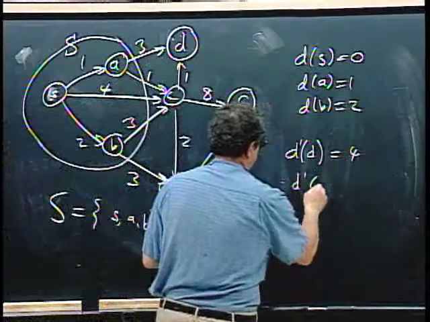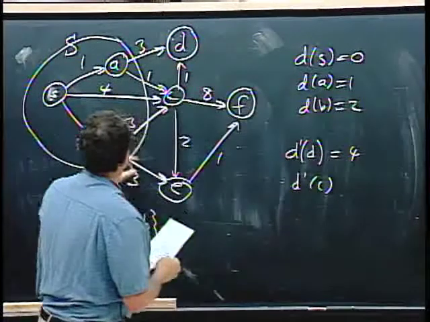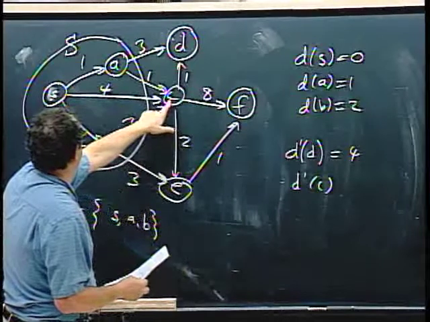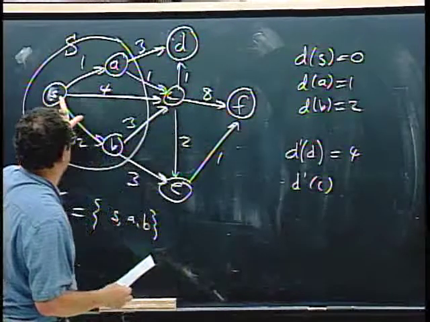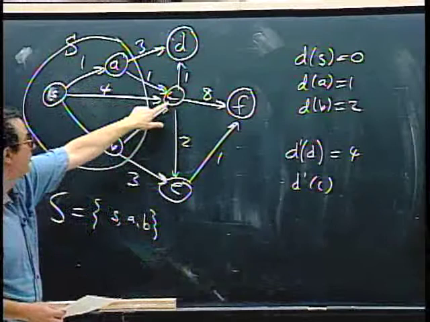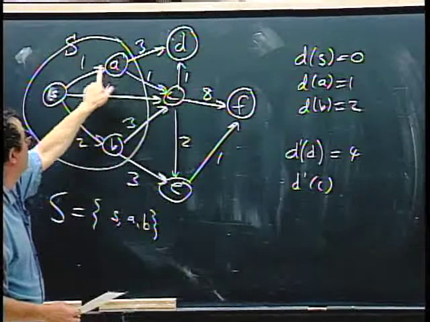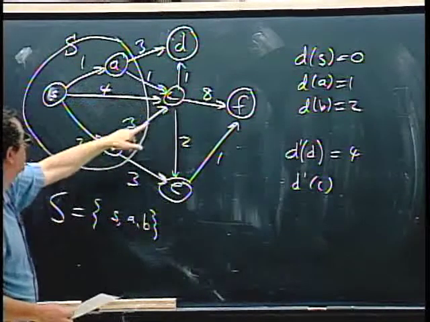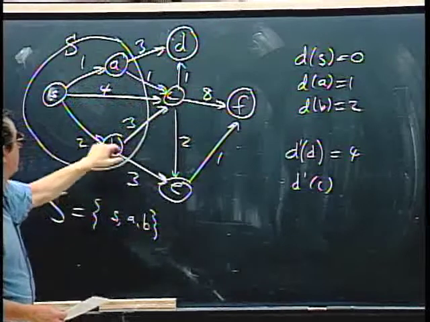And d prime of c: to get to c, we could get there directly from little s, because that's in capital S, which would be a 4, or through a, which would be a 2, or through b, which would be a 5.